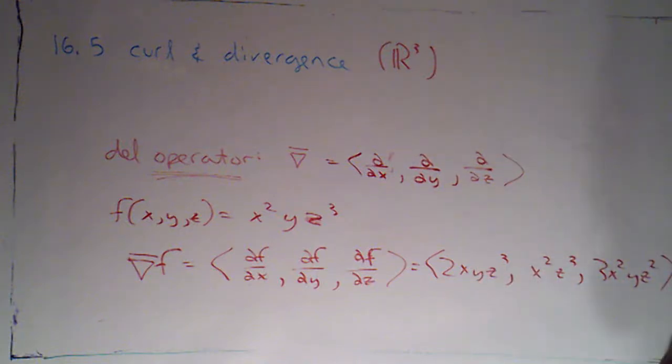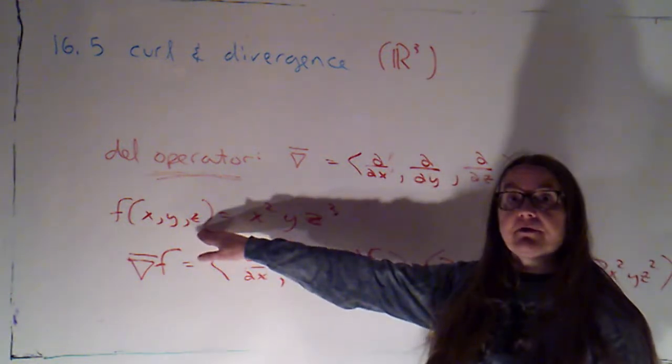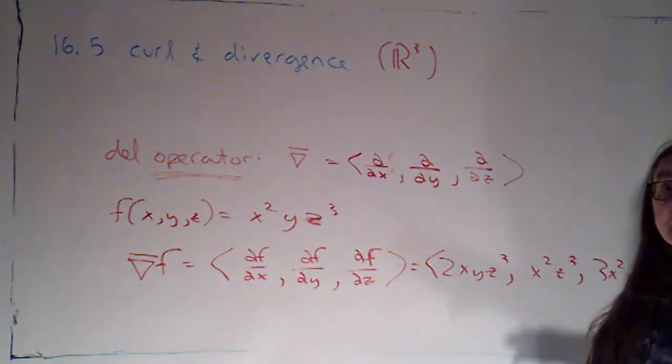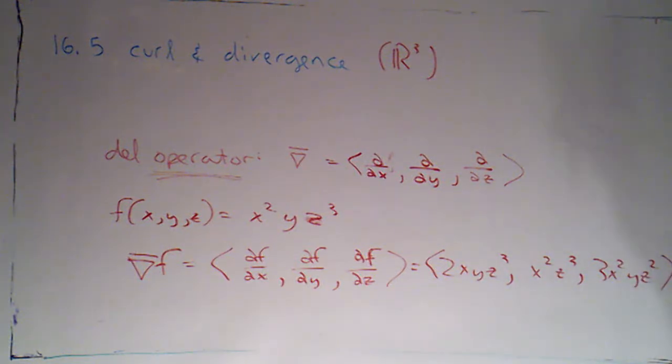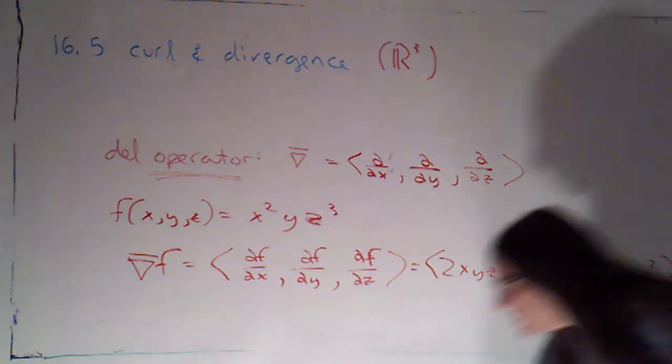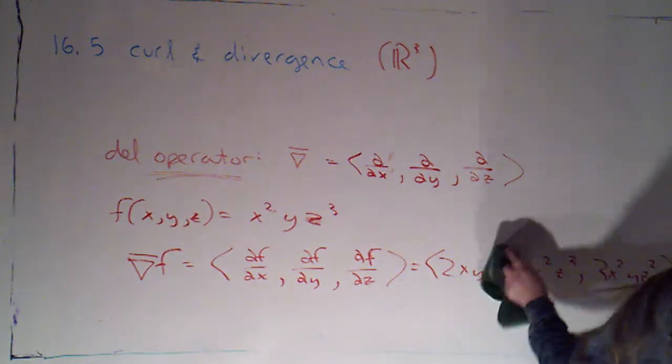So I can apply the operator to a real valued function of 3 variables, and it just gives me the gradient of that function. So that's the context in which we've seen it before.